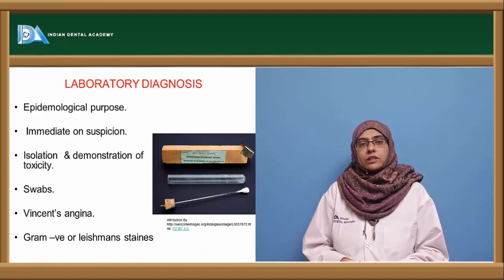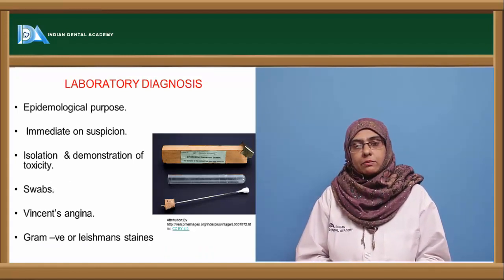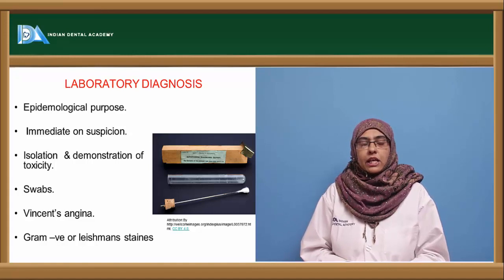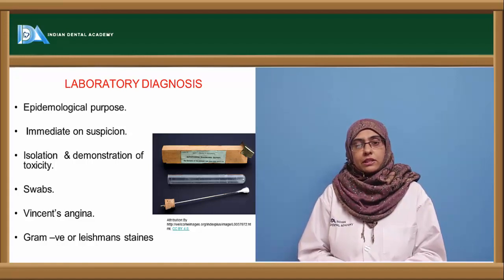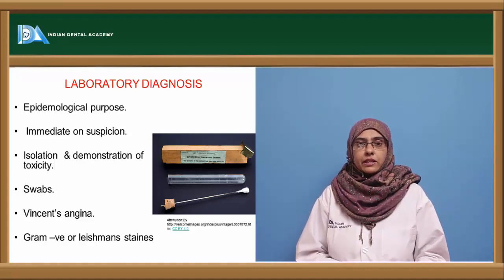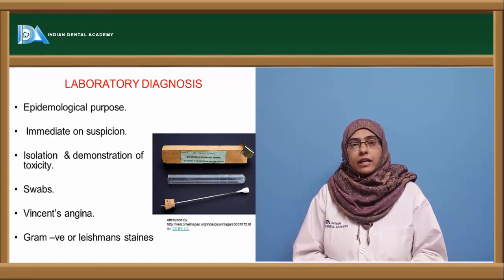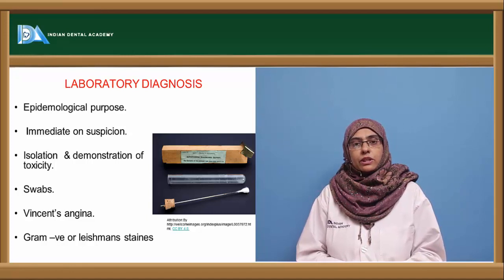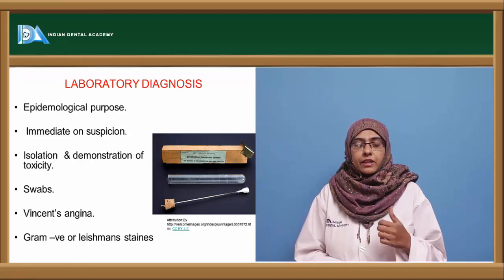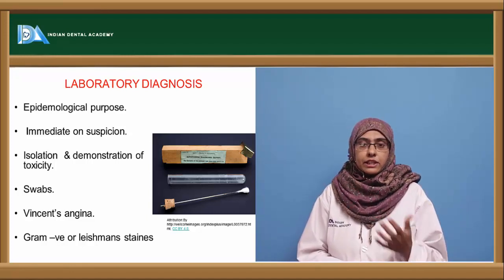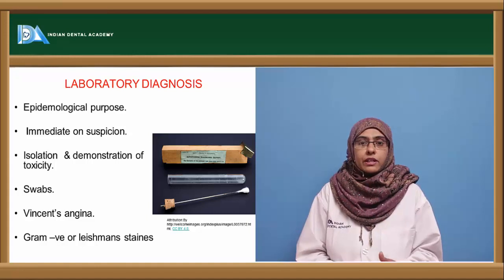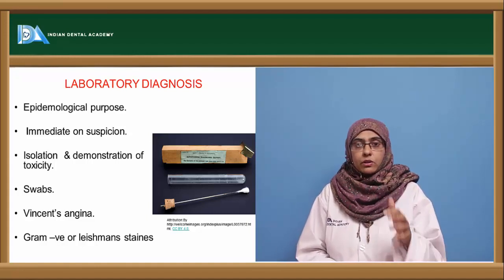Coming to the lab diagnosis, how can we identify this organism in the lab? As already discussed, this is a disease of children, a pediatric disease, and can be very fatal if not treated properly. So lab diagnosis is essential, but initiating the treatment is not what it is for. It is to control the organism.